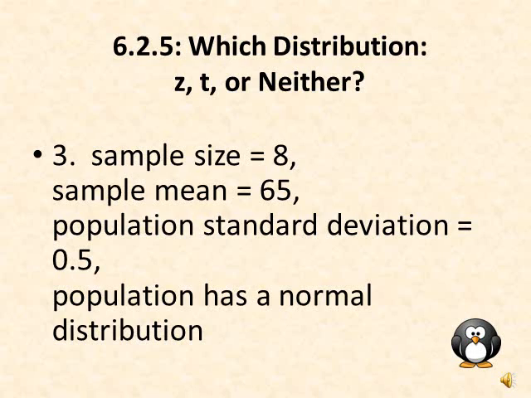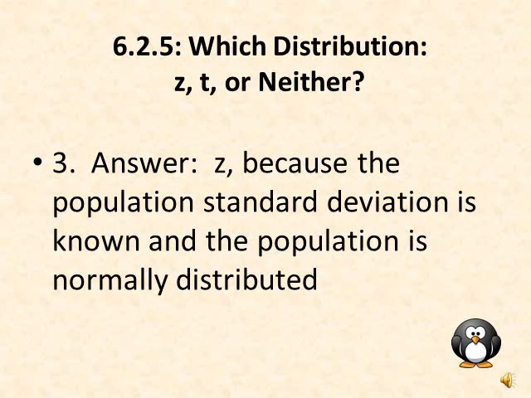Sample size equals 8. Sample mean equals 65. Population standard deviation equals 0.5. Population has a normal distribution. The answer is Z, because the population standard deviation is known and the population is normally distributed.